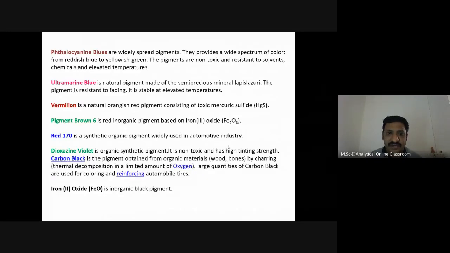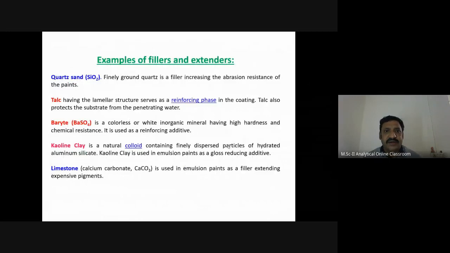After that, the examples of fillers and extenders. These are used to improve the quality of the paint.